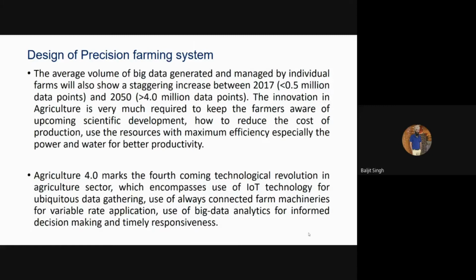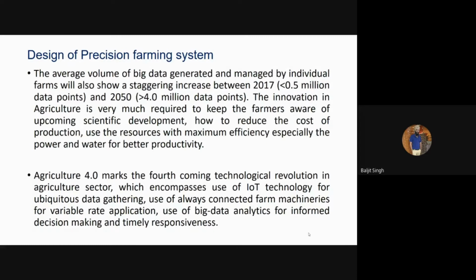Innovation in agriculture is very much required to keep farmers aware of upcoming scientific developments, how to reduce the cost of production, and use resources with maximum efficiency, especially power and water, for better productivity. We just discussed all this in the previous slide also.